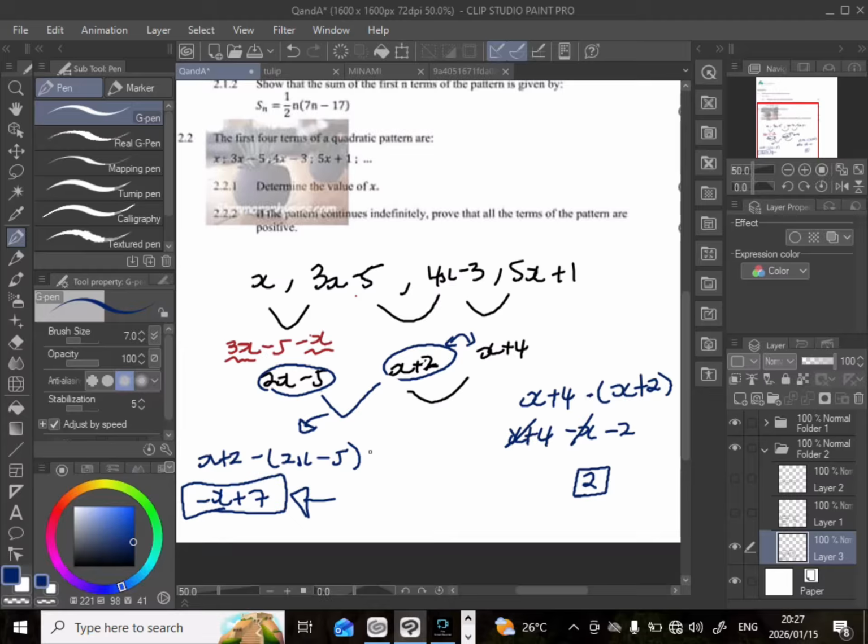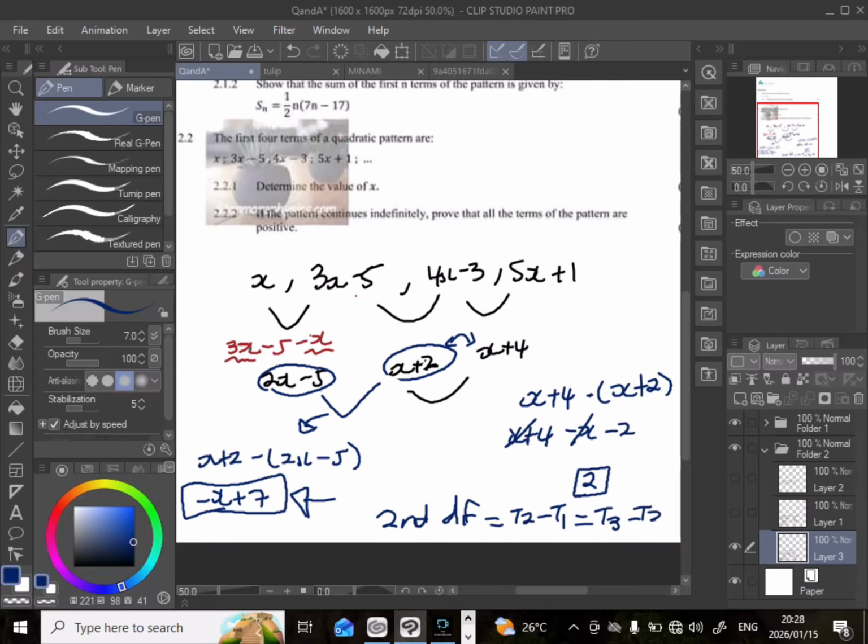If they give you a similar problem in your upcoming exams, a quadratic pattern where you have to solve for x, the only way to find x is to find the second difference. Then from the second difference, you can use the basic formula we are used to, and find a common difference.